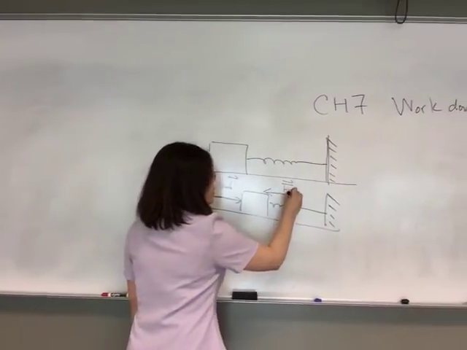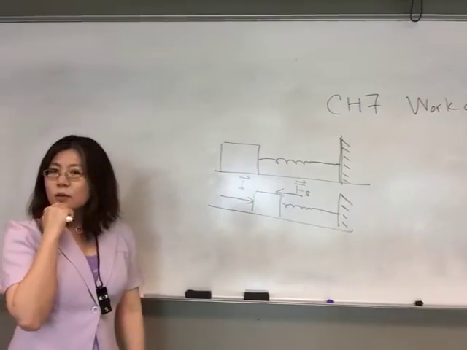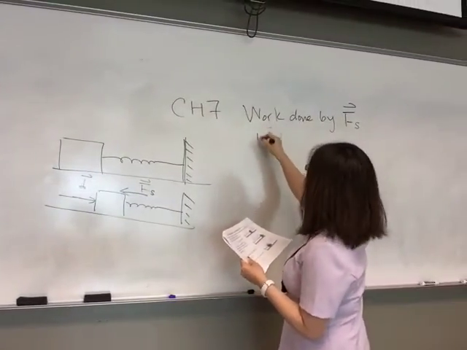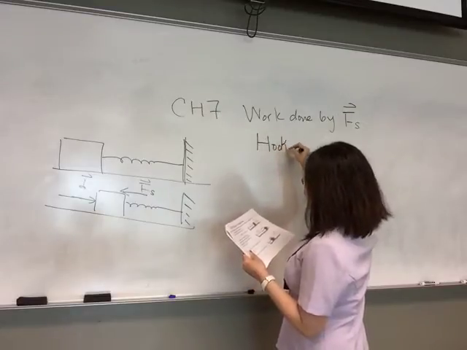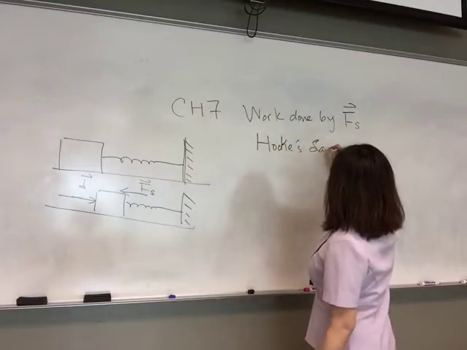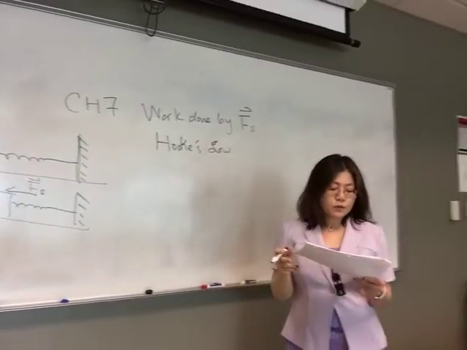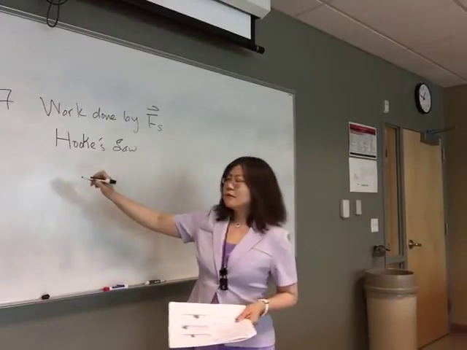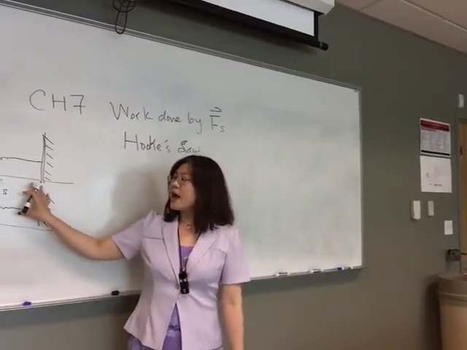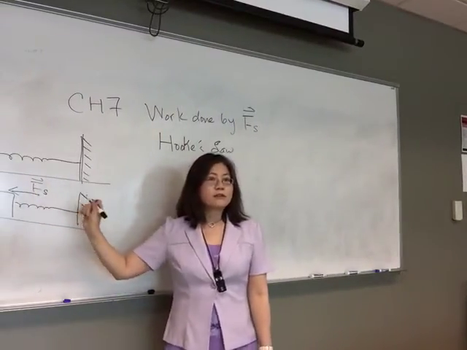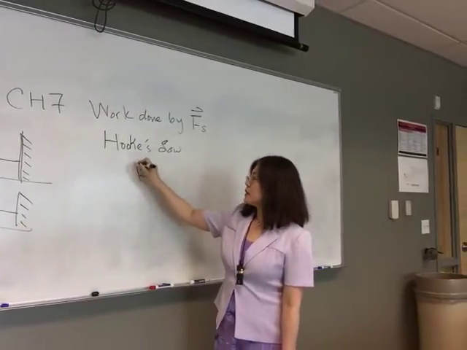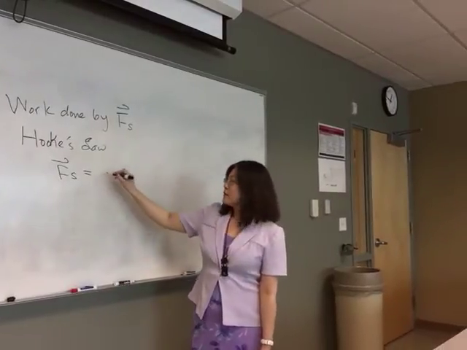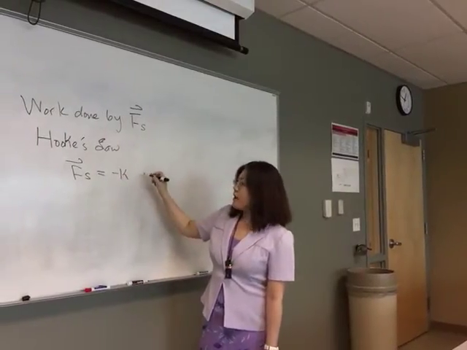By Hooke's law, which I think everyone should know, right? What does Hooke's law tell you? What is the restoring force of the spring? Hooke's law describes the force and the position. The spring force is equal to negative k times d.